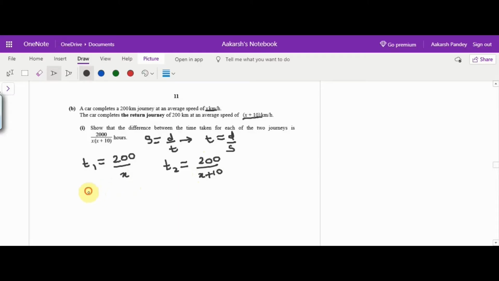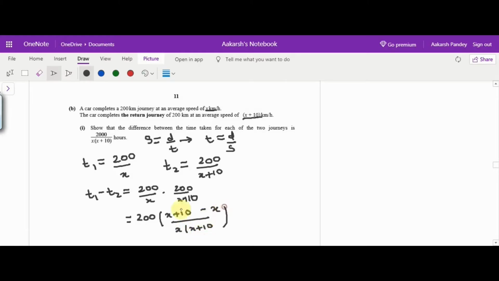So difference in time, if I take t1 minus t2, then I'll get the difference to be positive. So I have 200 by x minus 200 by x plus 10. So let me just take LCM. Firstly, what I'll do is I'll take 200 common, and I get x plus 10 minus x, the whole divided by x times x plus 10.